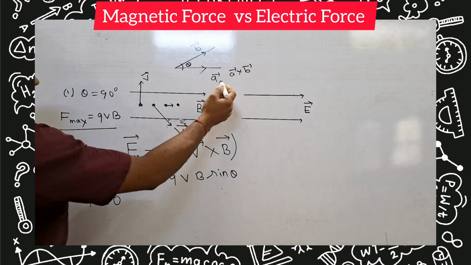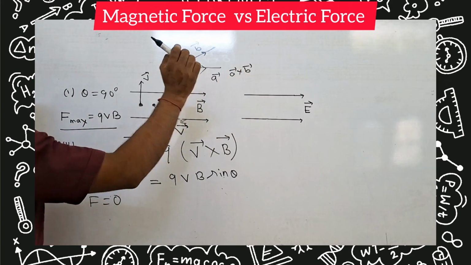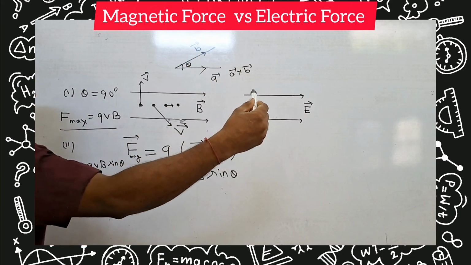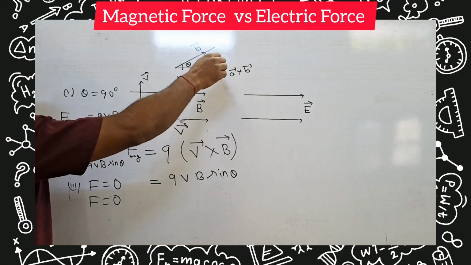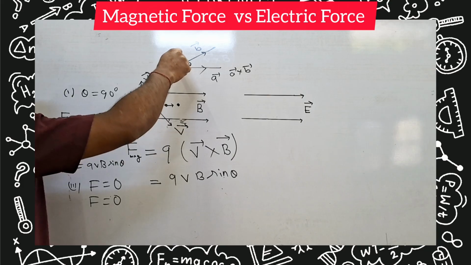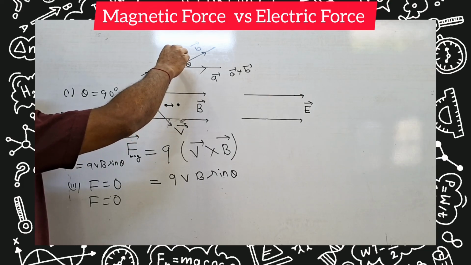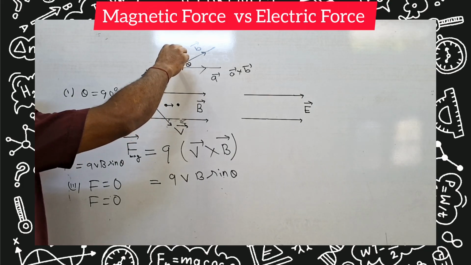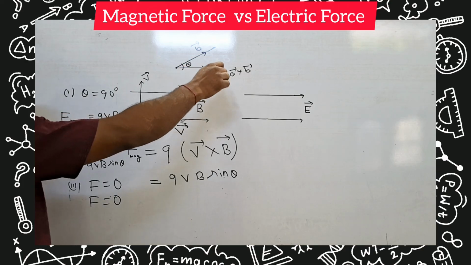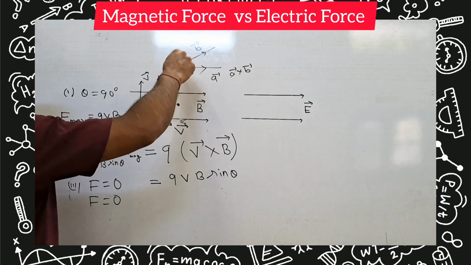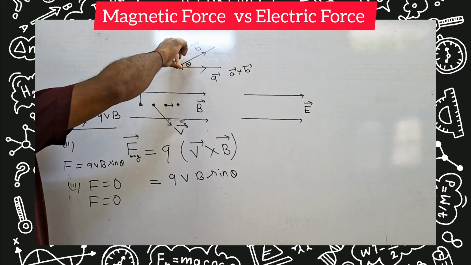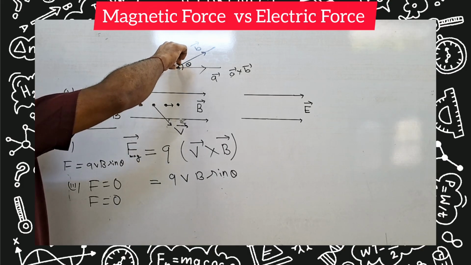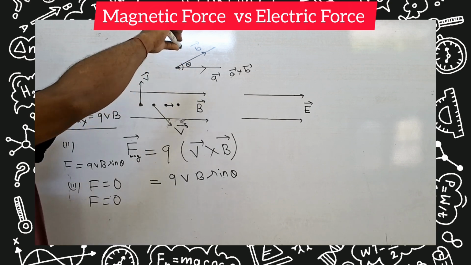See, now if I take A cross B, imagine you have a screwdriver and you are rotating the screwdriver from A to B. If you rotate a screwdriver from A to B, that means the screw will be loose and it will come outwards. So if I say A cross B, you have to turn to the left side. Then whatever screw is here will come out. It means it will be perpendicular but outward.